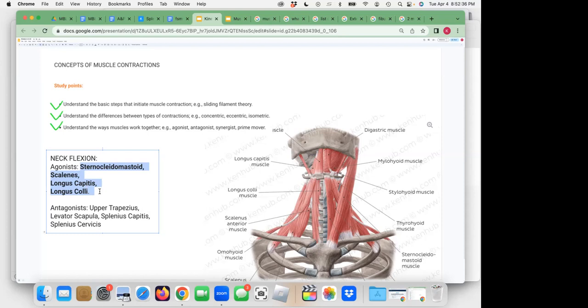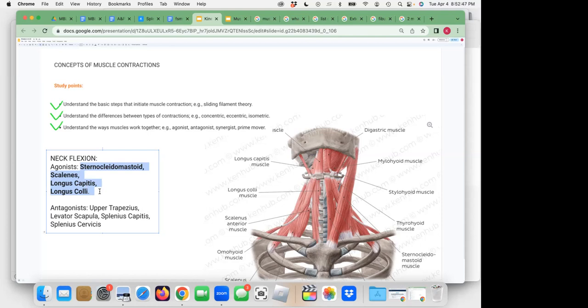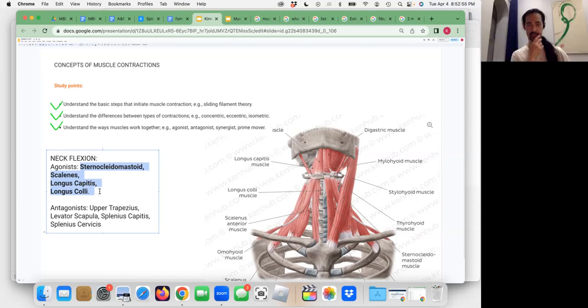Hey, is anyone else confused about which muscles are antagonist, agonist, synergist, and prime mover? Do we need to review those with a few common movements? No, I'm good. Okay, all right.